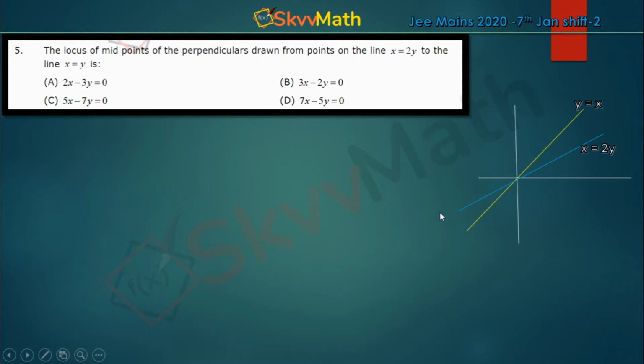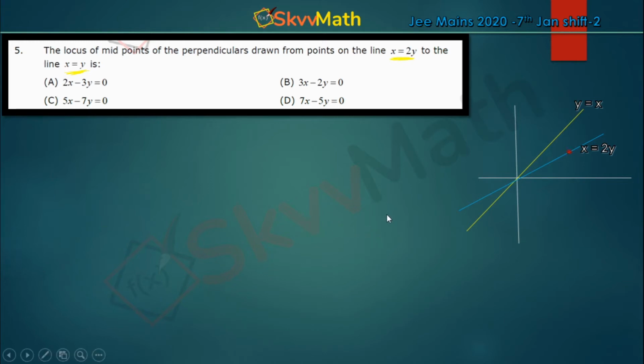Then we have to find out the locus of midpoints of the perpendiculars drawn from points on the line x = 2y. On this line we have to select a point. From that point you have to drop the perpendicular to the line x = y.